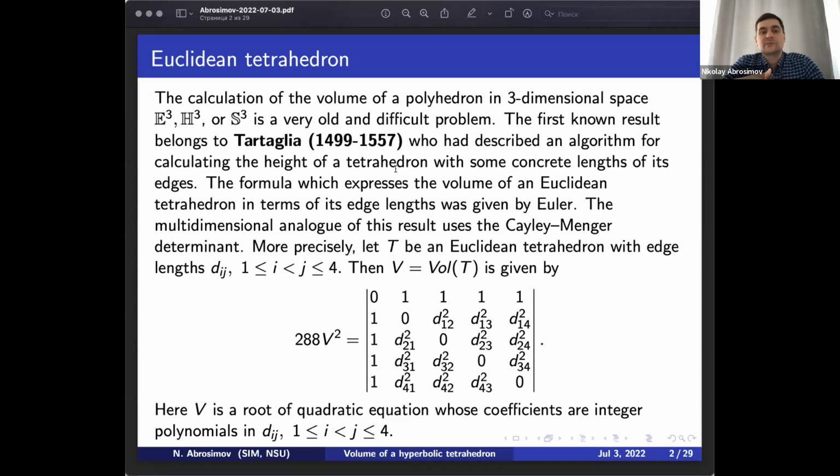And the formula which expresses the volume of a Euclidean tetrahedron in terms of its edge lengths was given by Euler. More precisely, let T be a Euclidean tetrahedron with edge lengths dij between vertices i and j. Then its volume is given by the following formula. Here we see that V is a root of some quadratic equation whose coefficients are integer polynomials in terms of edge lengths.